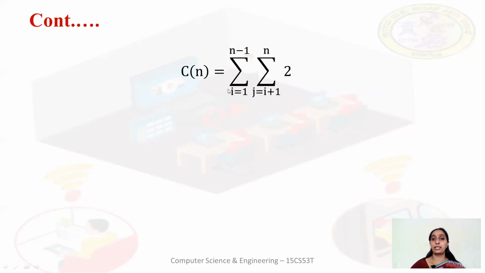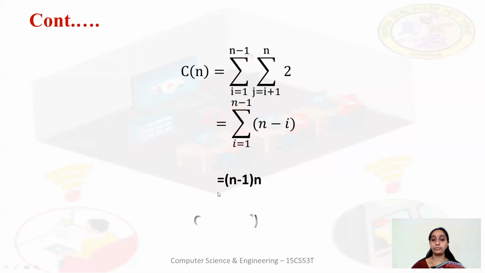Okay, then which is equal to, so if we reduce the inner summation, it will be n minus I. Okay, so sigma I is equal to 1 to n minus 1 of n minus I. Then finally, by reducing this, we'll get n minus 1 into n.